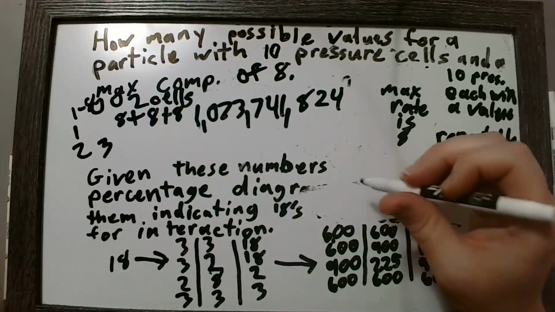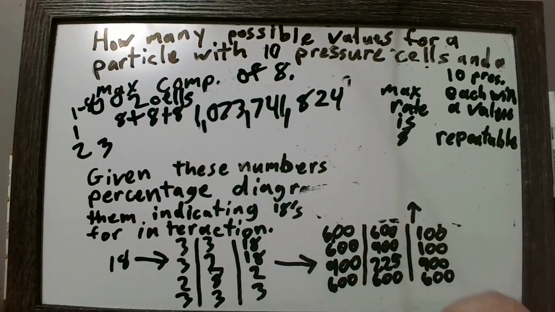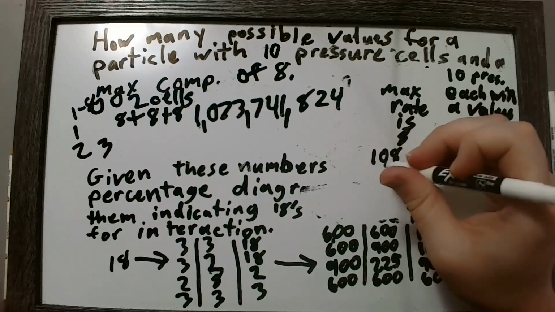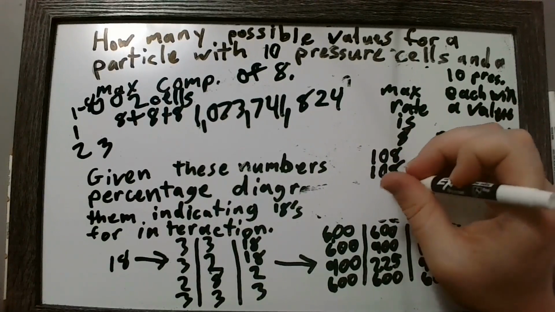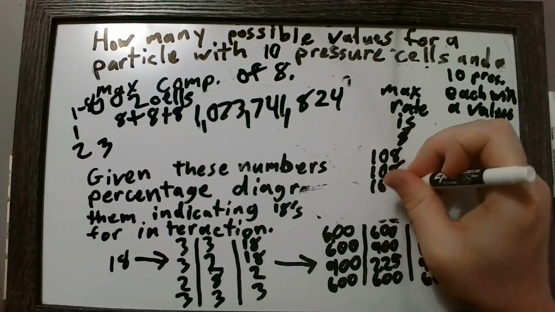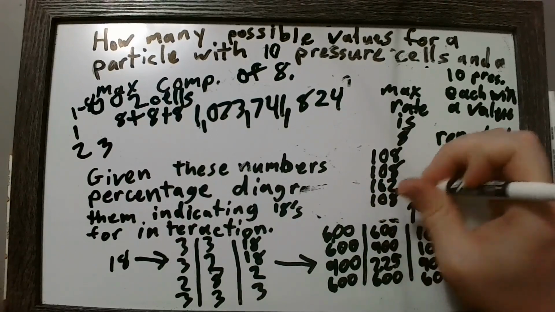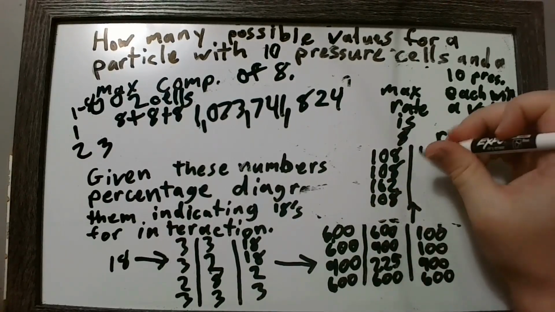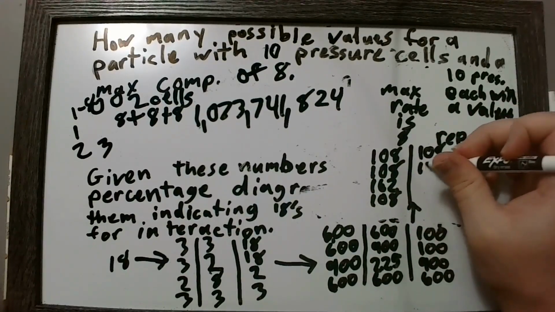Now, in order to get those values, we simply multiply the percentages, and that would be 108, 108, 162, 108, 108, 162, 40.5, 108, 18, 18, and 162, and 108.